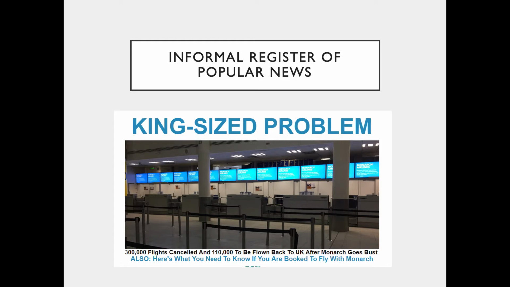Here's what you need to know if you are booked. So it's very much more informal, in that the writer is actually addressing us, the reader. And that is absolutely done to make us feel that intimacy and that informality when we are addressed with that second person usage of "you."